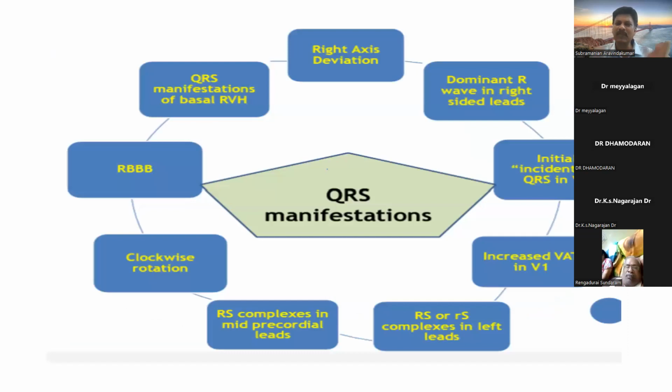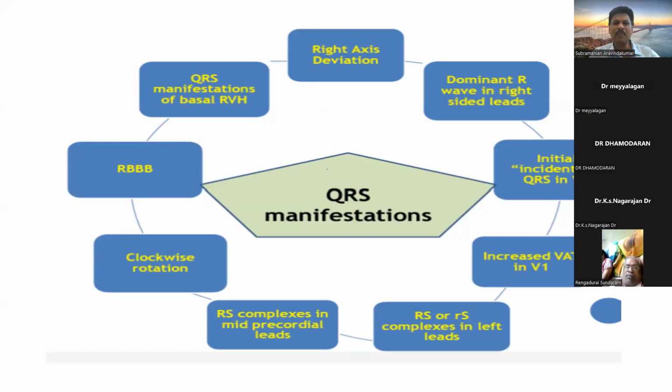So what are the features of RVH? See here, we will start with the P wave. When right ventricular hypertrophy happens, because of chronic pulmonary hypertension, the P wave can also enlarge, and the right atrium can enlarge and cause a tall P wave. It is more than 2.5 small squares in the ECG. Tall P wave will be there. And what will happen to the QRS complex?